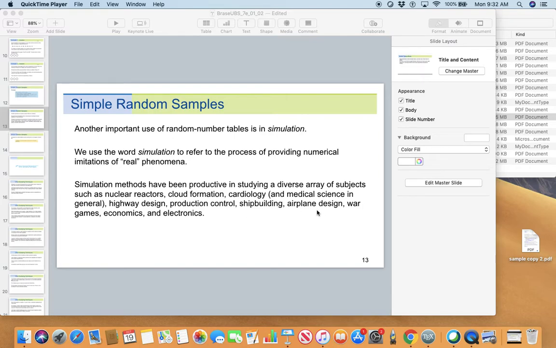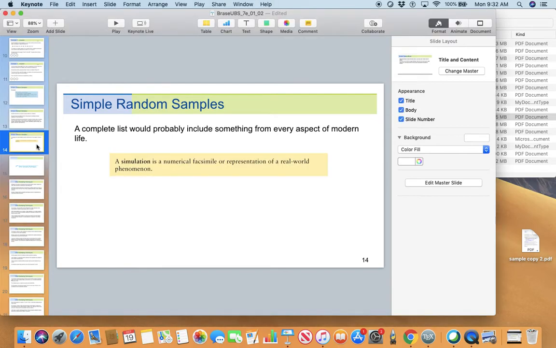Airplane design is another important example. You're not going to keep crashing expensive airplanes to understand safety, but you are going to use computer simulation, war games, economics, electronics. To understand any of these, it's very dangerous or not really possible to use concrete experiments. So, you would use what is called computer simulation.